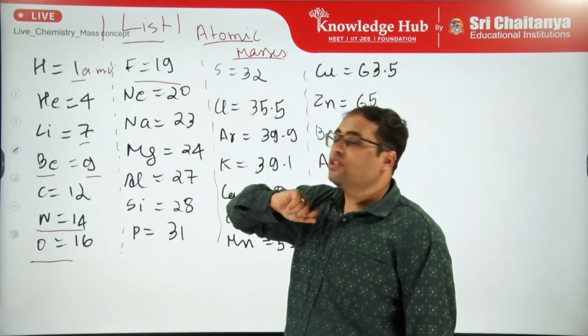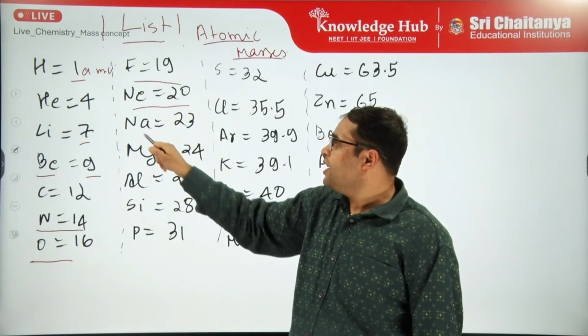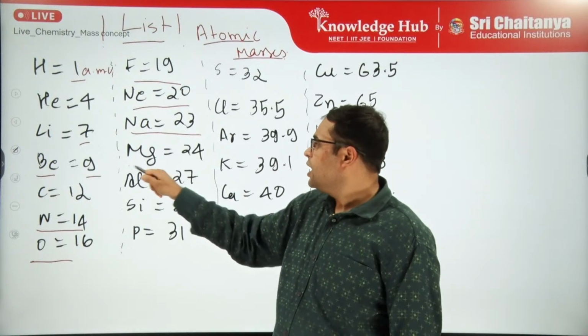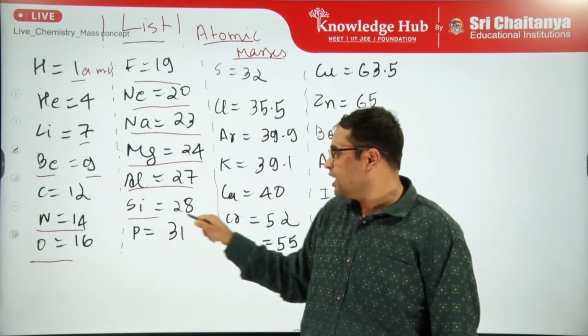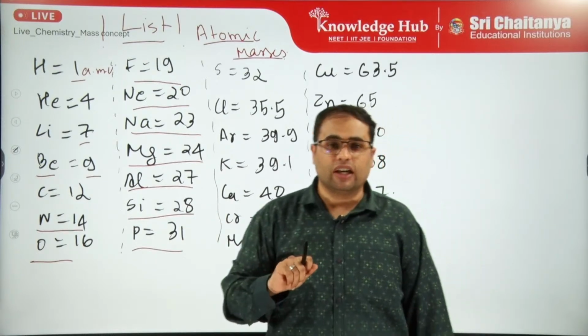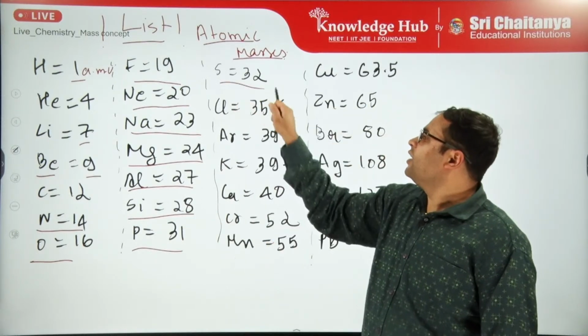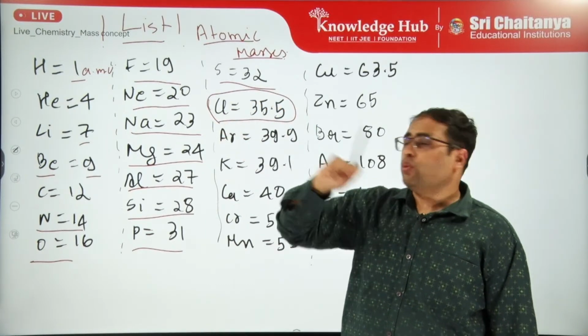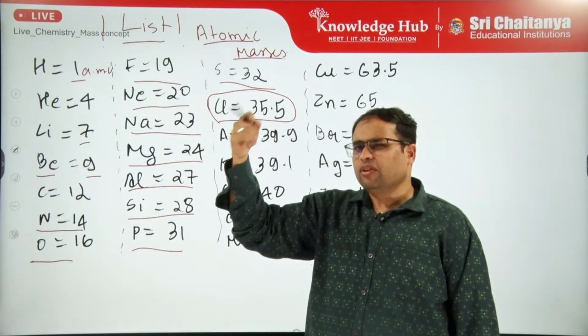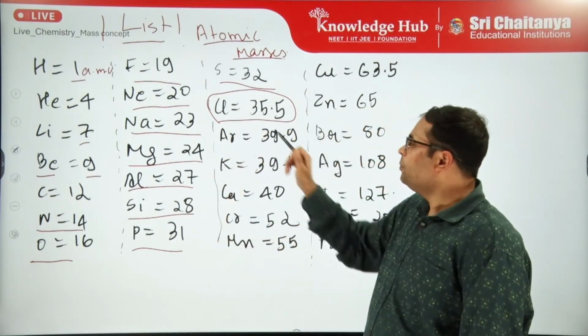Then you have fluorine 19, neon 20, sodium 23, magnesium 24, aluminum 27, silicon 28, phosphorus 31, sulfur around 32, chlorine around 35.5. Why this 35.5? We'll see that in a bit.